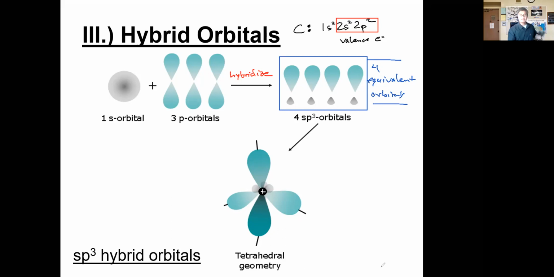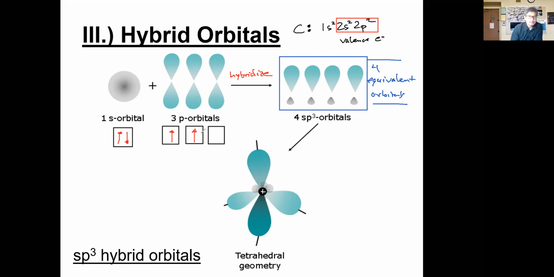Let me go ahead and draw the picture for you. Remember the s orbital and the p orbitals and how the electrons spread out. Let's do that really quickly. This is your s orbital, and here are the 3 p orbitals: 1, 2, 3. Remember, there are 2 electrons in the 1s orbital and 2 electrons in the p orbitals.